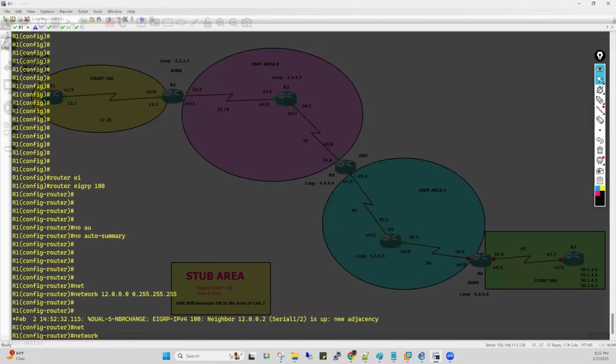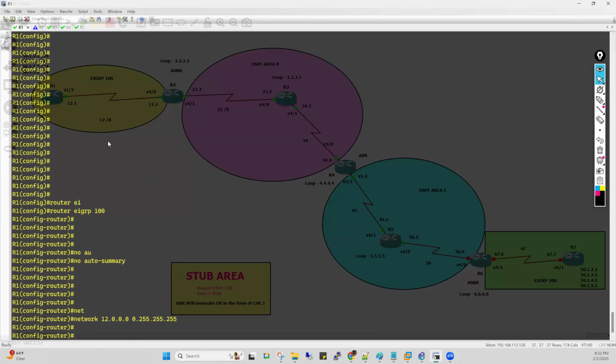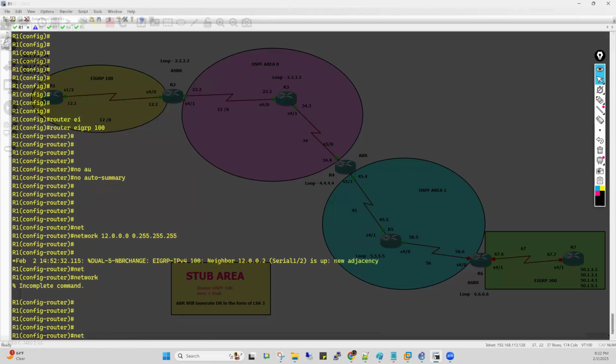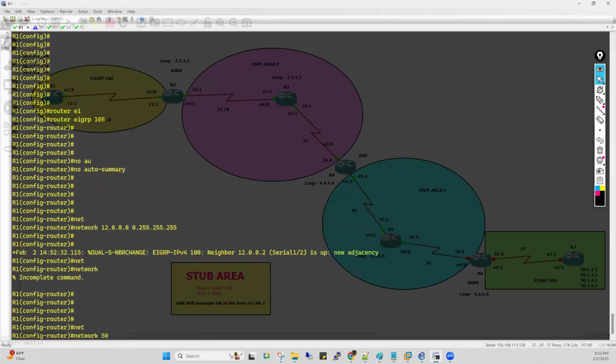After that, there is one more network. What is the network, guys? There are a couple of networks. Network 50, what is the network there? 1.2.0, right? Then the wildcard mask will be, guys, as the subnet mask I configured there is /24, 0.0.0.255.